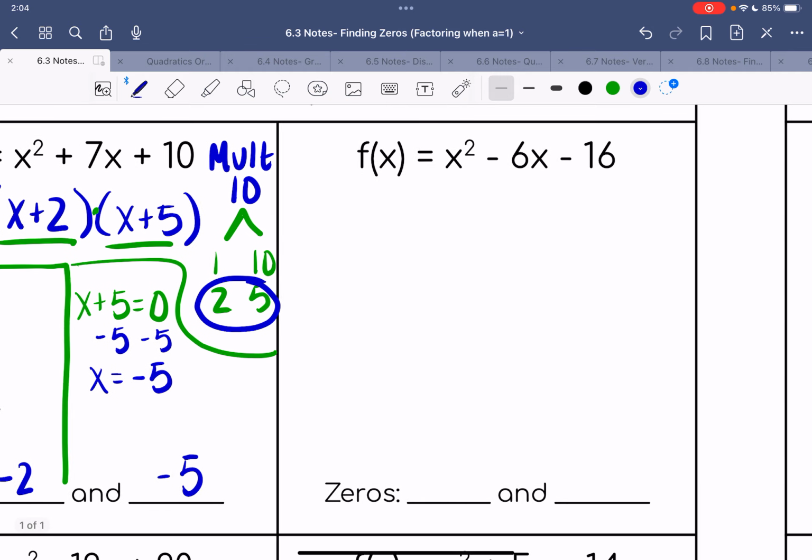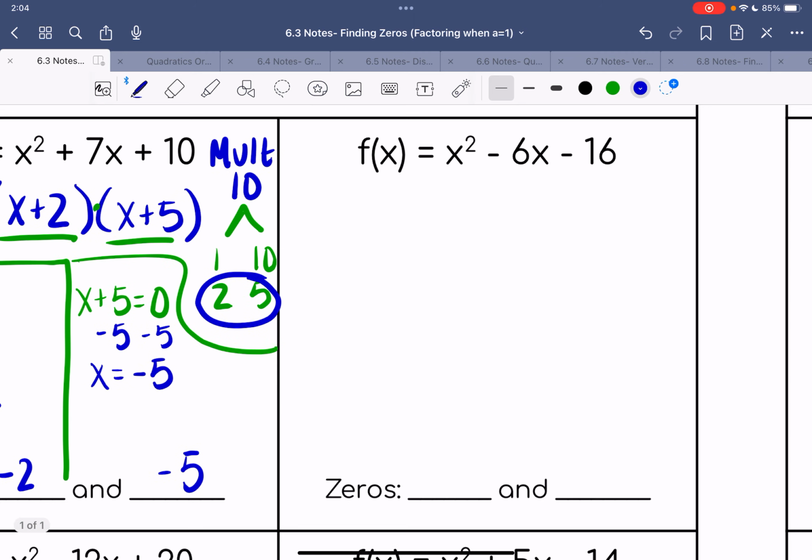Next one I've got x squared minus 6x minus 16. I need to find two numbers that multiply together to be negative 16, and they need to add together to be negative 6. So numbers that multiply to 16, and then we'll worry about negatives in a second, are 1 and 16, 2 and 8, and 4 and 4.